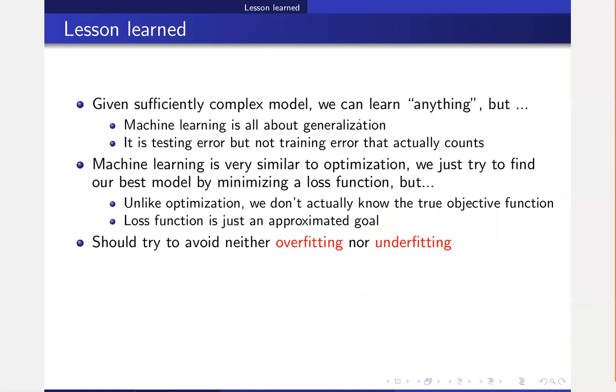So there are some other remarks here. Basically, if you make a sufficiently complex model, you are able to learn everything. But I need to put a caveat here: this is also an old-school thought.